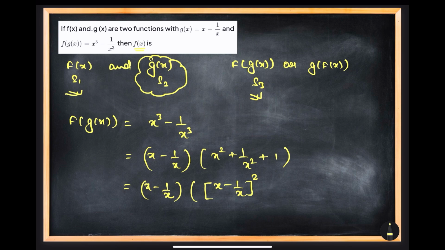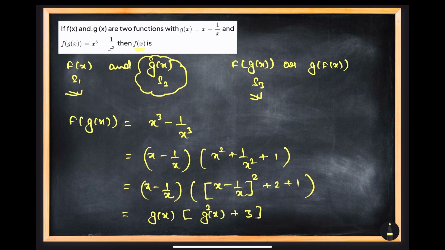So to manage that minus of 2, you need plus of 2. So plus of 2 and this plus of 1. So we wrote every variable in terms of g. So can I write this thing as g of x into g of x square and then plus of 3?